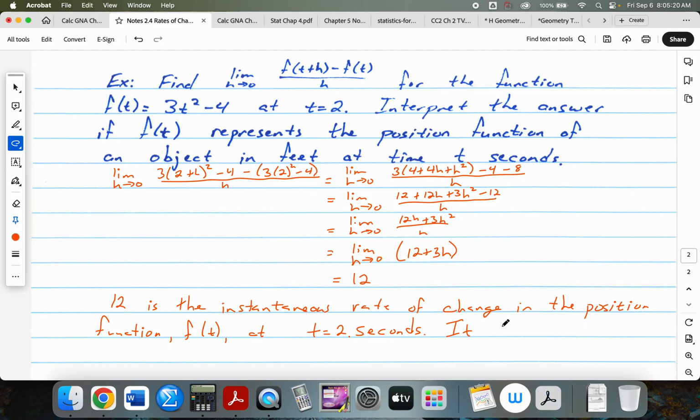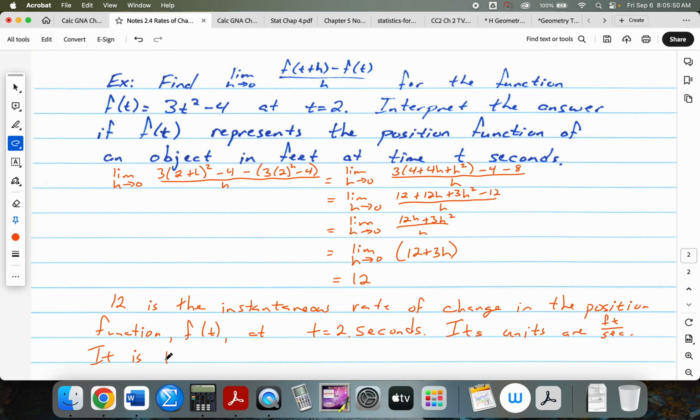Its units are, notice in the numerator, this is all having to do with f of t, right? The position function is the position of an object in feet. So that's feet on top, seconds on bottom, that's velocity.